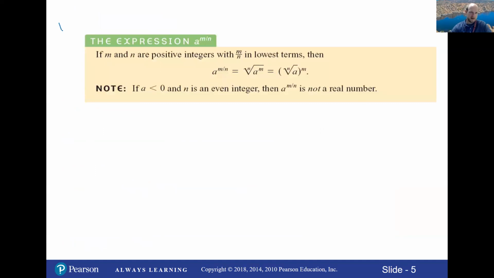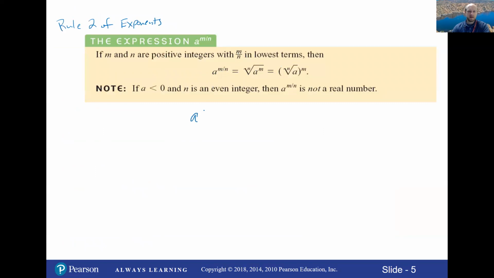All right, this is going to be rule 2 of exponents. Our main rule number 2 here is if m and n are positive integers with m over n in lowest terms, then I can rewrite it as follows. This is basically the same rule as what we just had, but with a couple of different things.